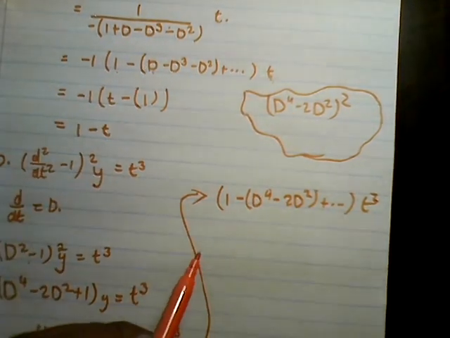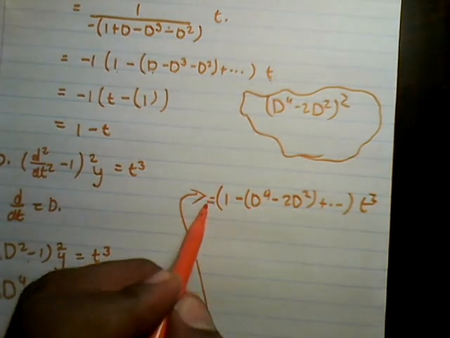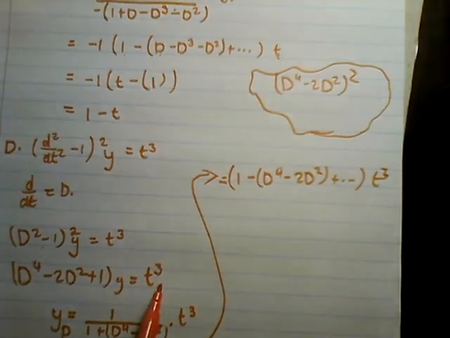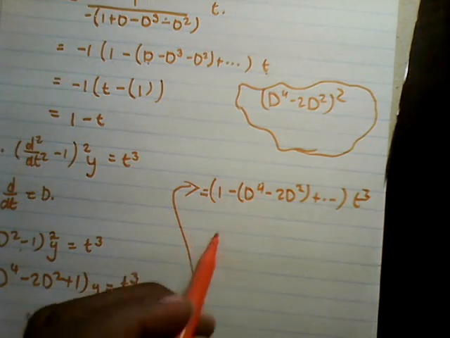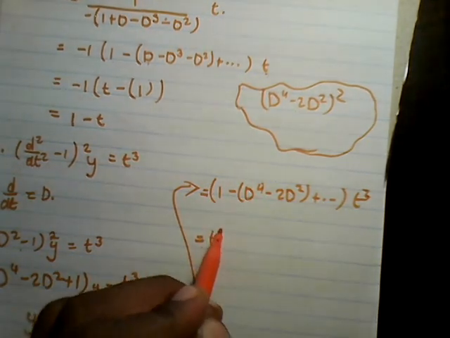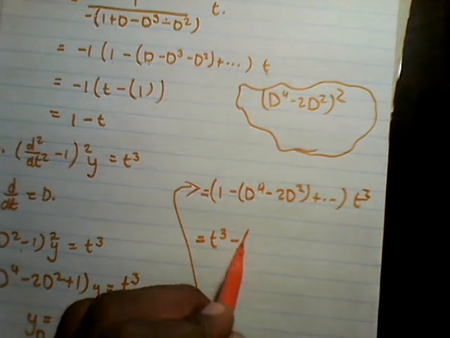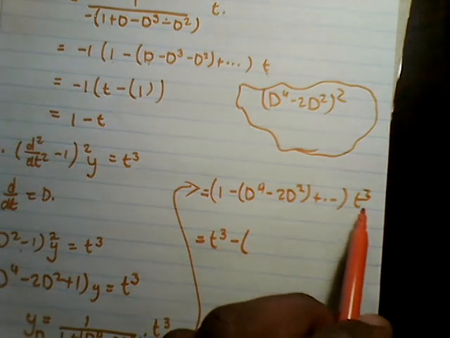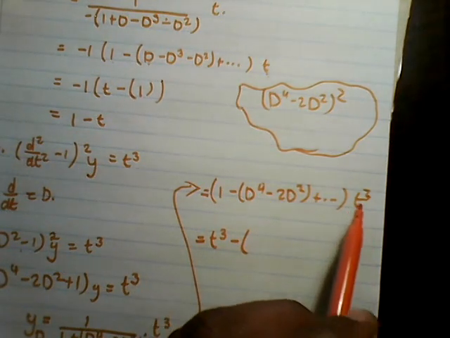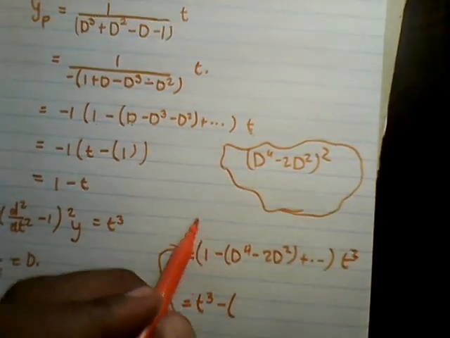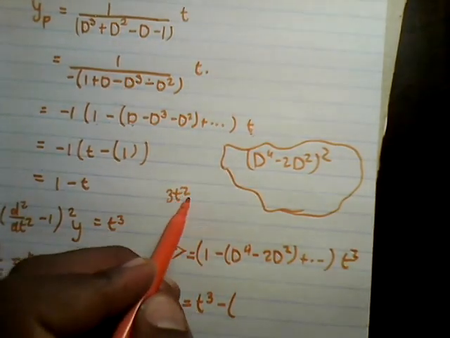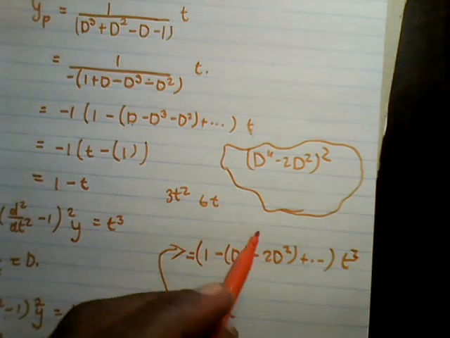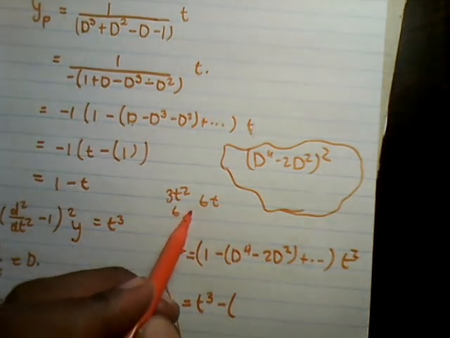Okay, this is yp here, and this yp is equal to t cubed minus the four derivatives of t cubed. When we take 4 derivatives of t cubed, first we have 3t squared, then 6t, then 6, and then the fourth one is 0.